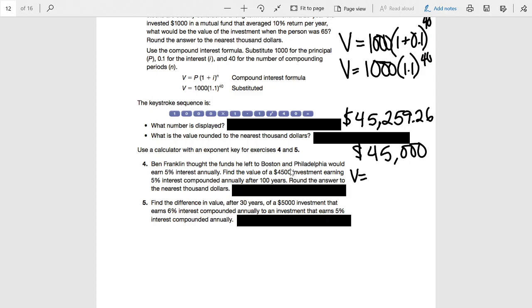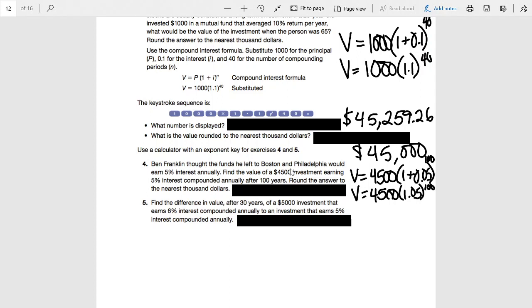Our principal amount, our beginning amount, is $4,500. And then we're going to multiply that by 1 plus my percent as a decimal, so 0.05. And then our exponent here is going to be how many years, and in this case 100 years.